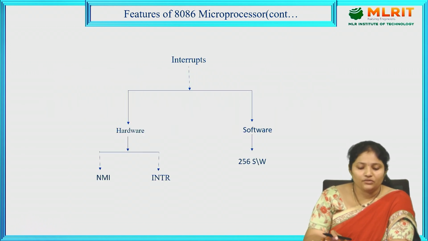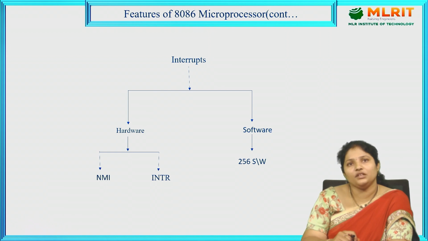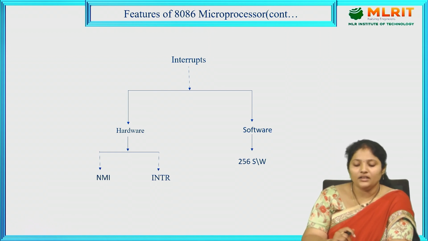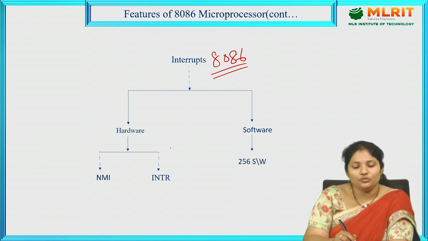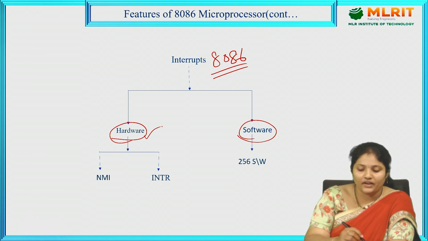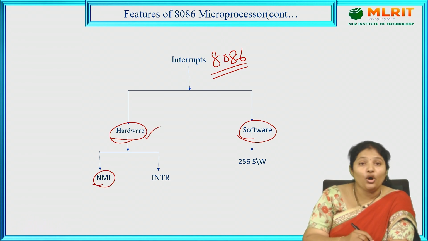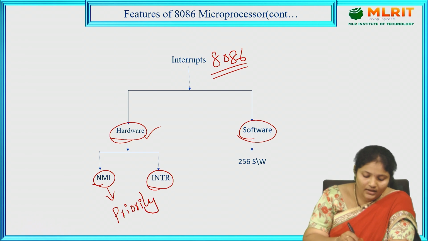So next, coming to interrupts. As I already told you, interrupts are external events causing a disturbance of the flow of execution of the program. In 8086 there are 2 types of interrupts, hardware interrupts and software interrupts. The hardware interrupts of 8086 are NMI, non-maskable interrupt, and INTR, interrupt request. The non-maskable interrupt has the highest priority in 8086.